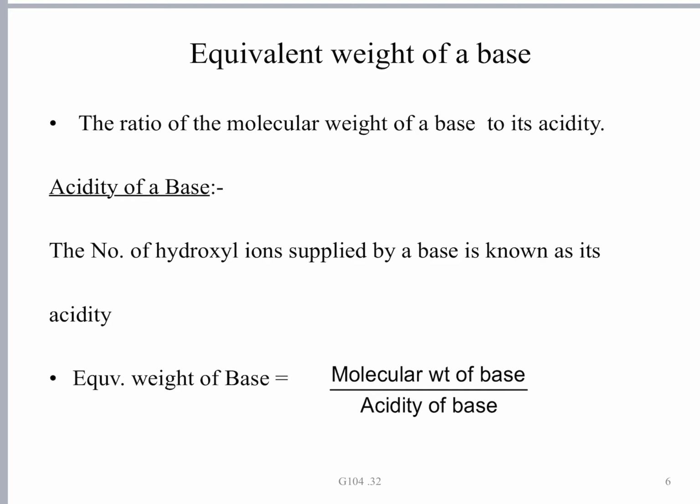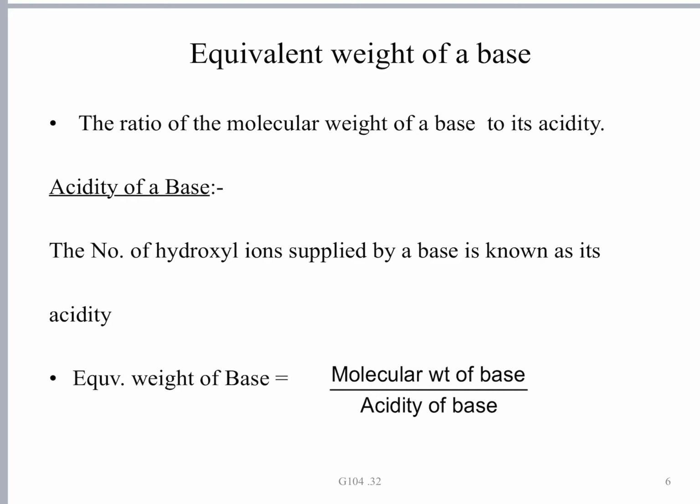So its equivalent weight is its molecular weight divided by its acidity. Likewise, if you take magnesium hydroxide, Mg(OH) taken twice, when dissolved in water it ionizes into Mg2 plus plus 2 OH minus. Its acidity is 2, since it is giving rise to 2 hydroxyl ions.